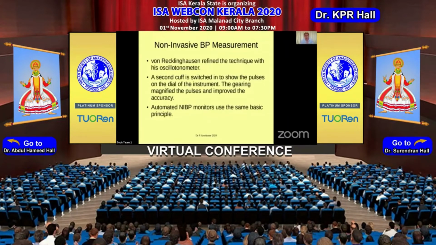Von Recklinghausen recognized the difficulty that people had with detecting and interpreting the Korotkov sounds, and he refined the technique with the oscillotonometer, which basically used a second cuff attached to a mechanical system of gearing, which amplified the vibrations, the pulses which give rise to the Korotkov sounds, and this greatly improved the accuracy of the technique.